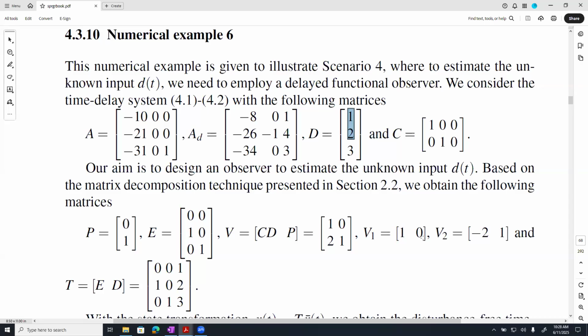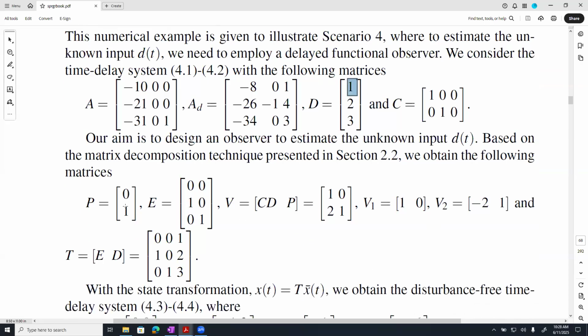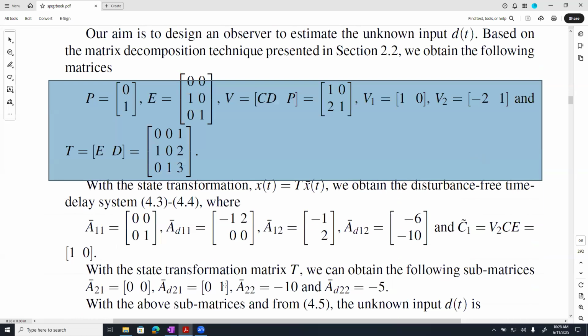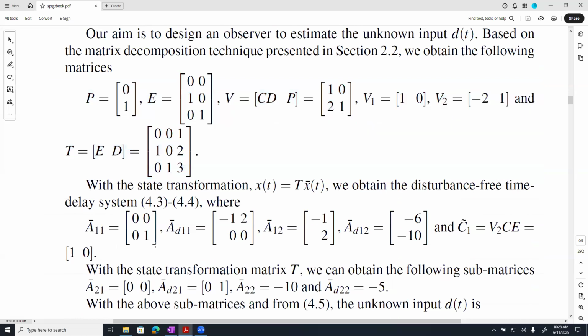So we can pick an output measurement, let's say output measurement y1(t). And then when we do it, we obtain a decomposition, which is based on our existing decomposition technique in the previous topics. And then we obtain the following disturbance-free system.